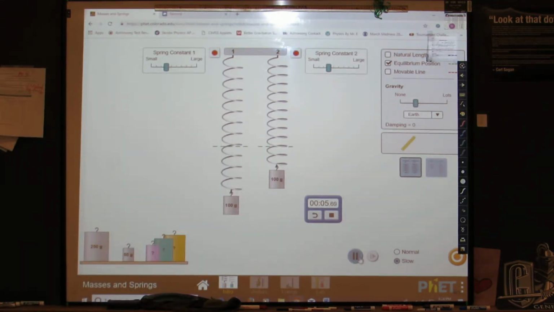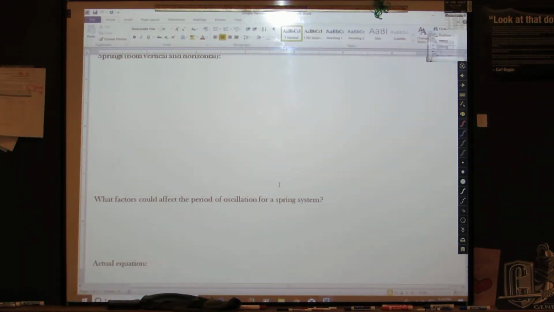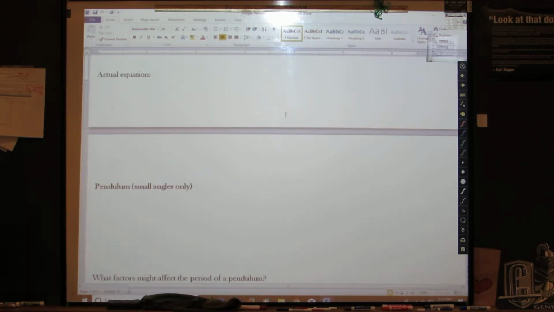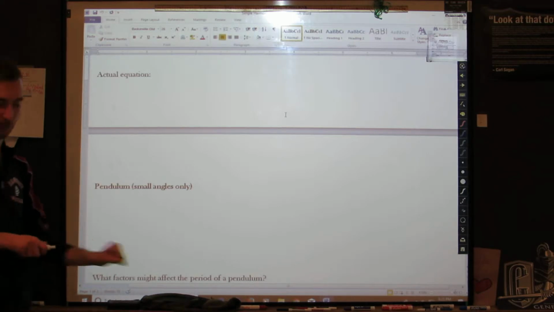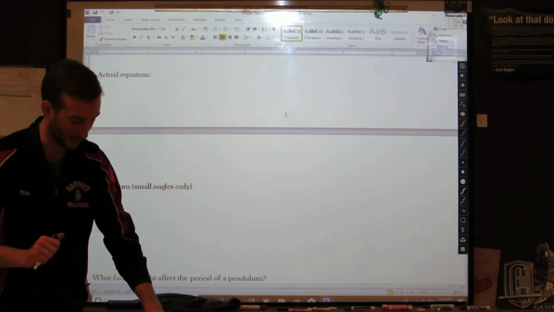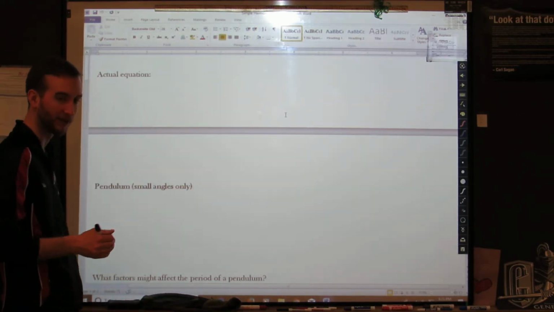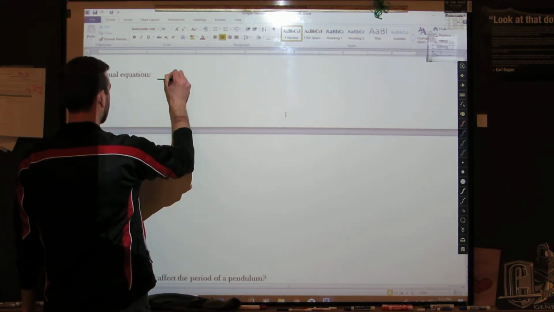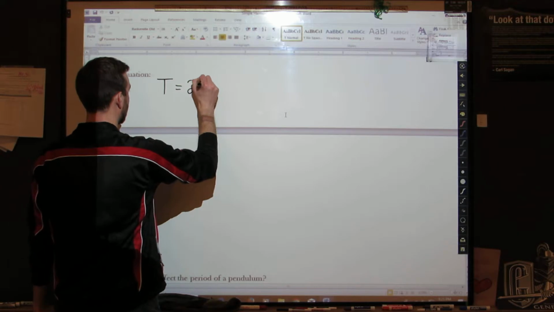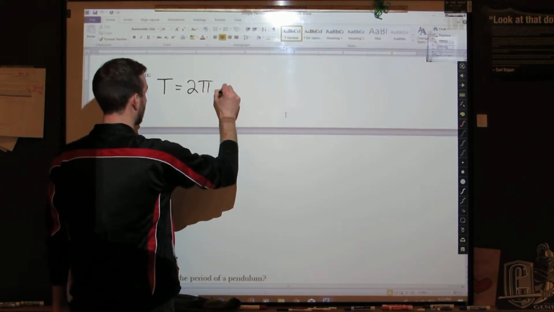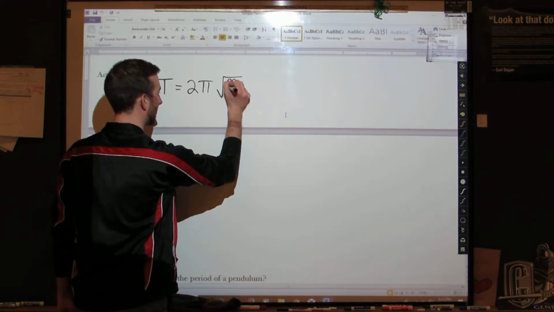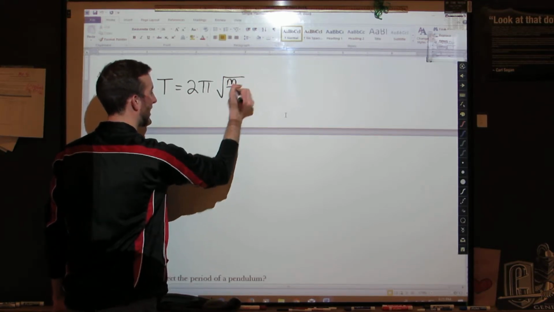So let's go back to the notes. We talked about what factors could affect the actual period. Here is the actual equation, and this is listed on the reference tables. The equation for the period of a mass oscillating on a spring is as follows: T equals 2 pi times the square root of the mass over the spring constant, m over k.